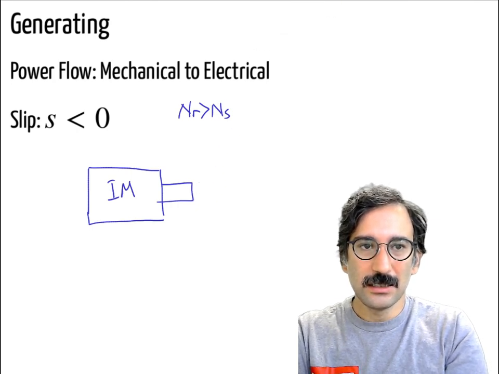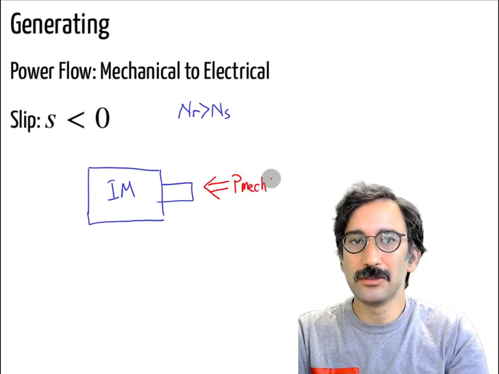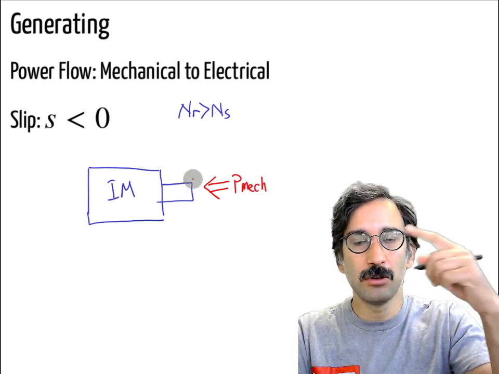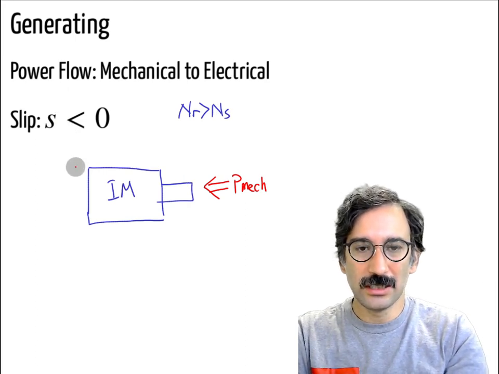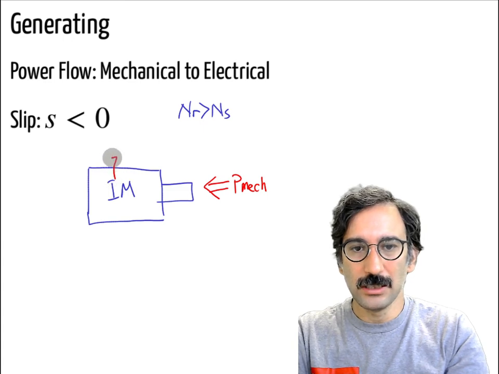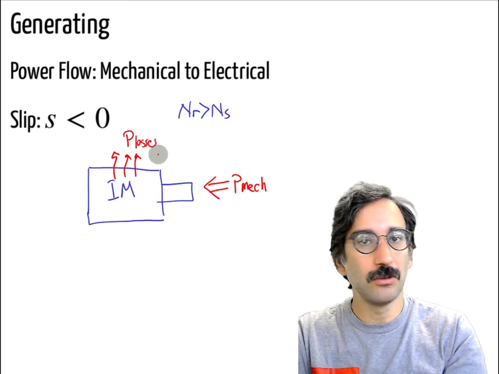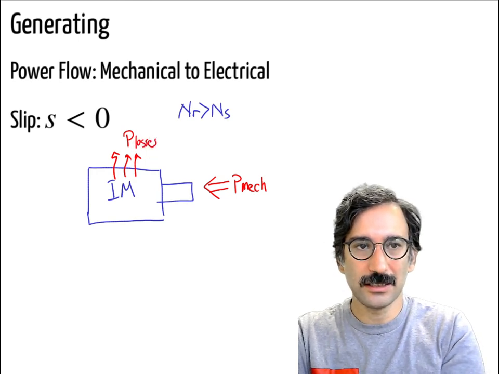In this case, you are applying some mechanical power. Okay, think of the wind turbine. So the wind turbine blades generate some torque. So the power is getting into the machine, but you still have the losses. Okay, you have the heating and other things, etc.